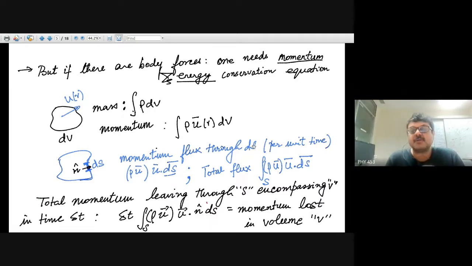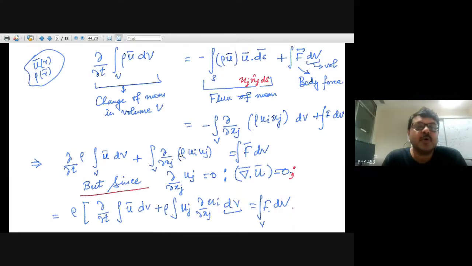And that is the total amount of momentum lost in volume V. So the rate of change of momentum in volume V is equal to the flux rho u into u dot dS, right, plus any body force that you might have. And this is an integral over the entire surface, by Gauss's law.